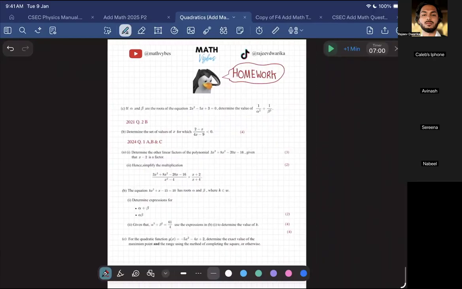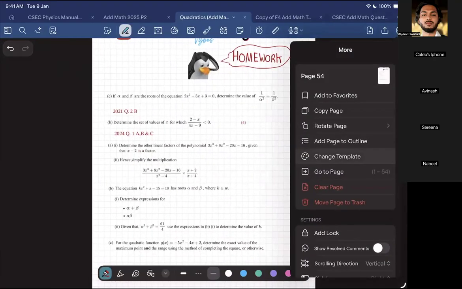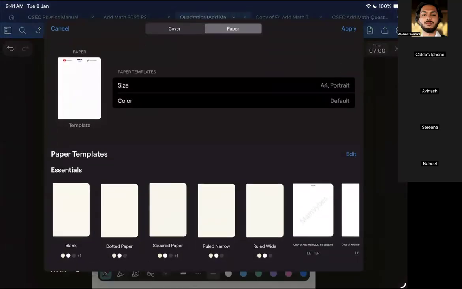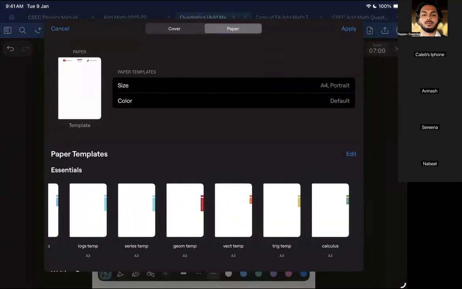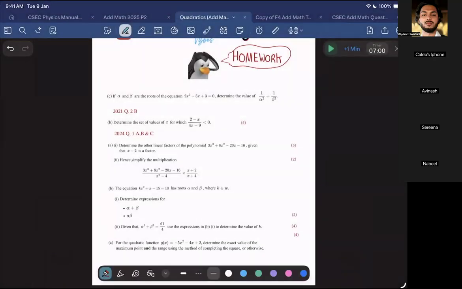Right, so this is all your homework. Let me just take a screenshot of this and put it in the chat so you all can see where the homework is.